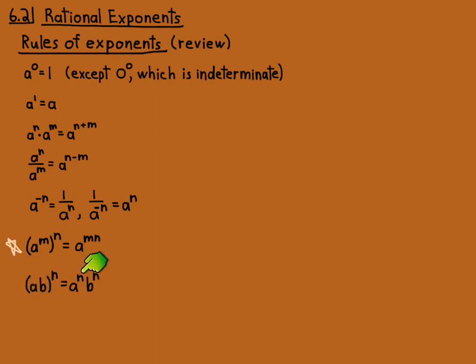It looks somewhat similar though. You have to raise each factor to the nth power. And it works right to left as well. You have to know all these left to right and right to left. So if I have this, 2 different bases but the same exponent, I can put the bases together. And it's the same thing with division.